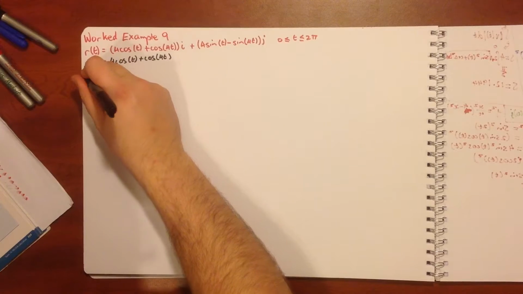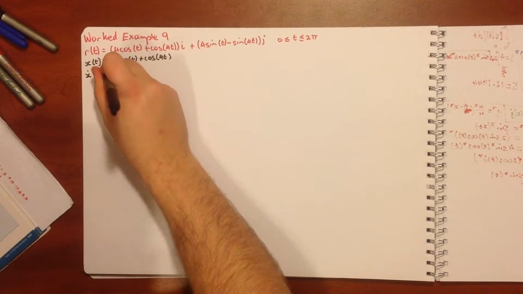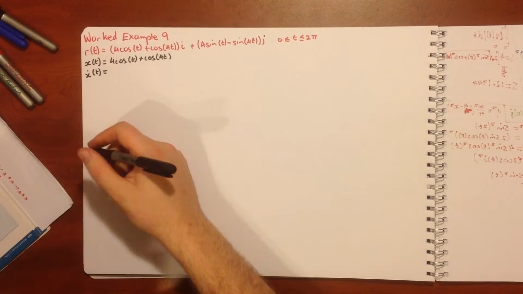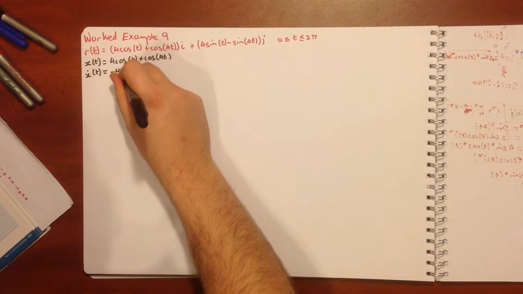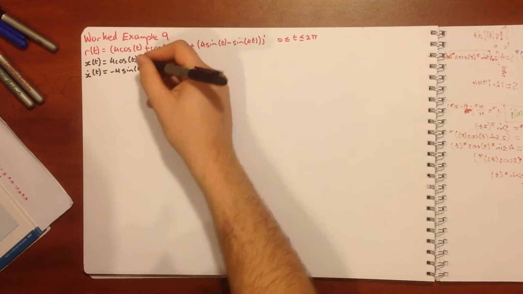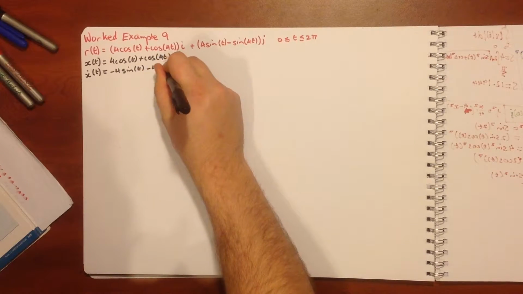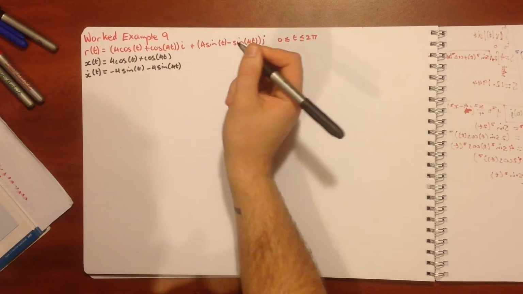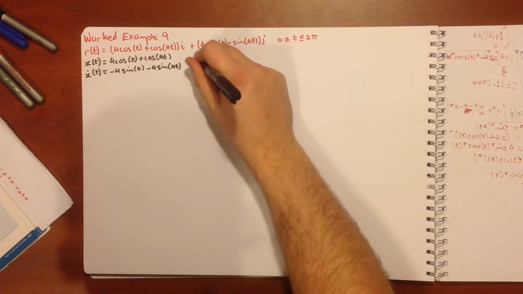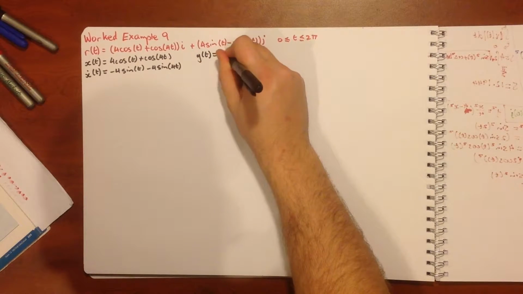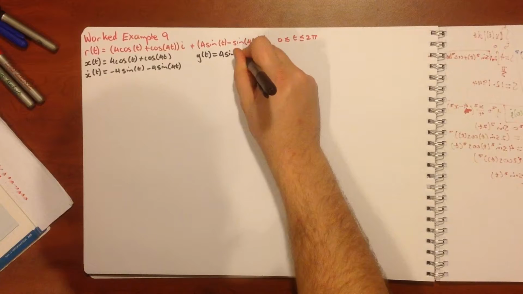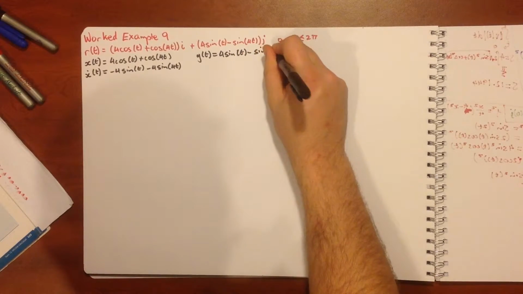So our x dot of t, when we take the derivative, is going to be minus 4 sine of t minus 4 sine of 4t. Similarly, our y of t is equal to 4 sine of t minus sine of 4t.